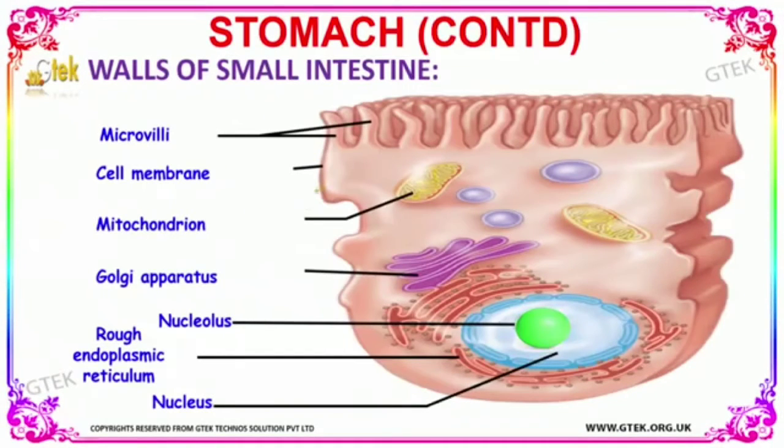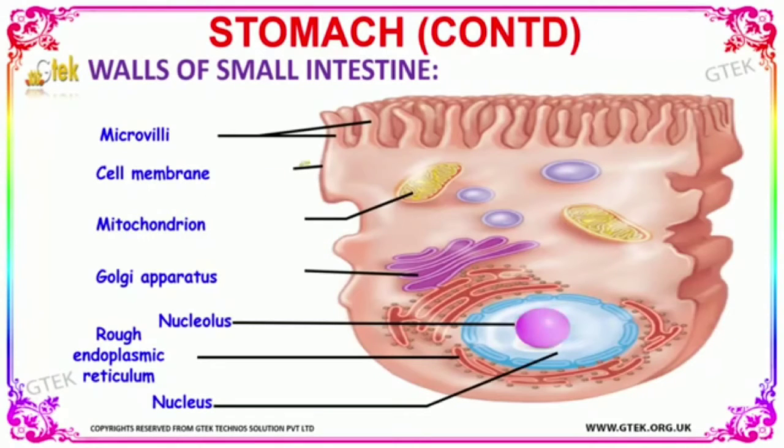Next, we are going to see the walls of the small intestine in detail. So if you see, your small intestine has the microvillus or the microvilli, which are finger-like structures, and they are protruding on the walls of your small intestine.